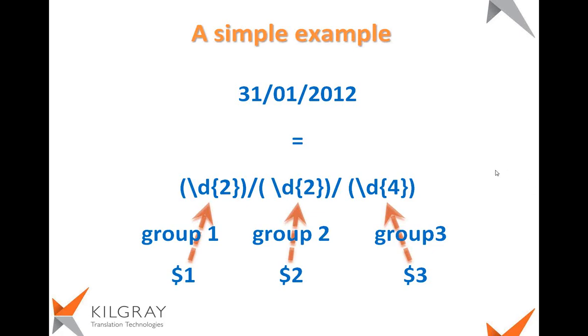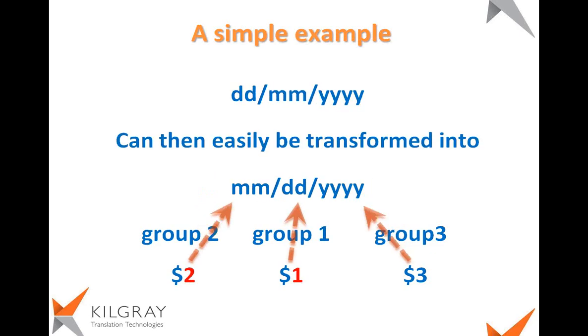And the interest of using that with groups is that there are ways you can use your regular expressions in MemoQ, for example, to transform them. That's the same principle that we use, for example, to automatically convert units or measurements, or reverse or transform dates.